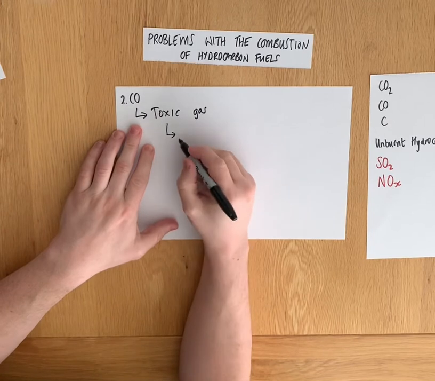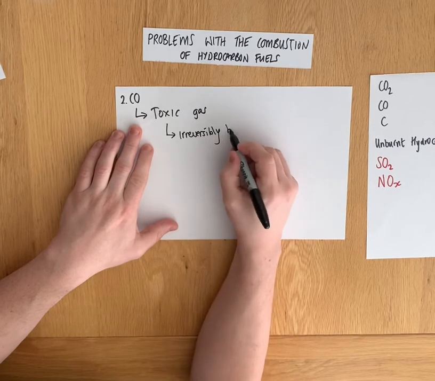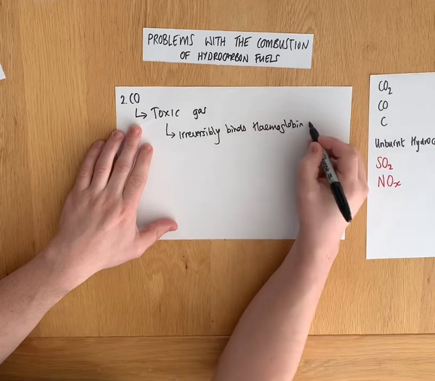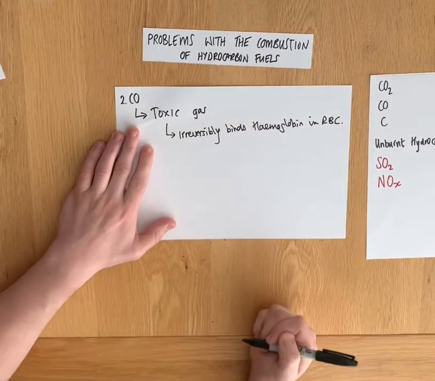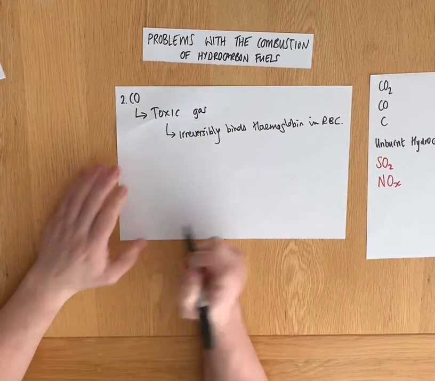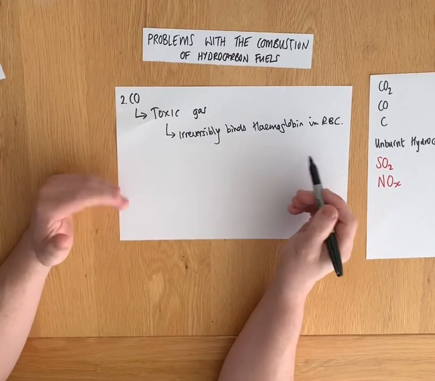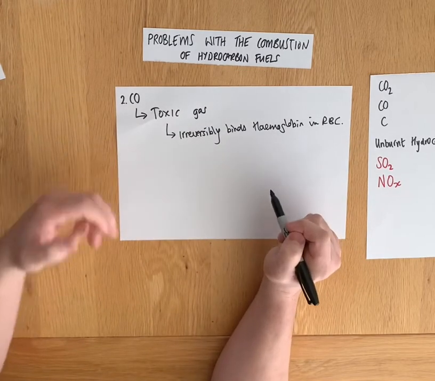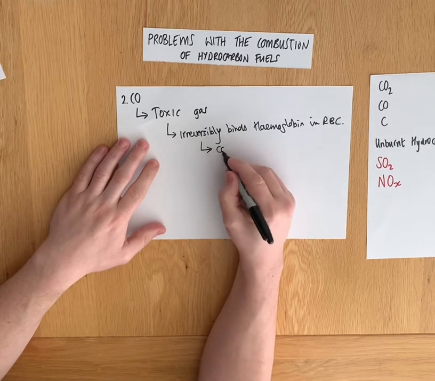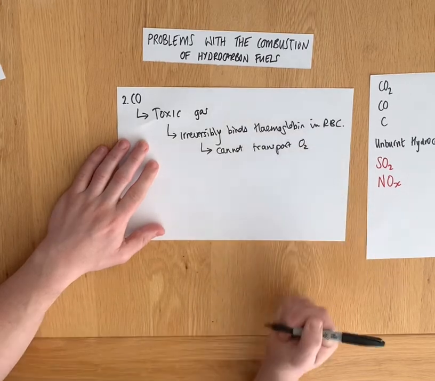carbon monoxide irreversibly binds hemoglobin in your blood, in your red blood cells. It irreversibly binds to it where the oxygen would normally bind to it. Once carbon monoxide has been absorbed into the red blood cell and is stuck forever to the hemoglobin until your blood is replaced a few months later, it means that the blood cannot transport oxygen around the body.